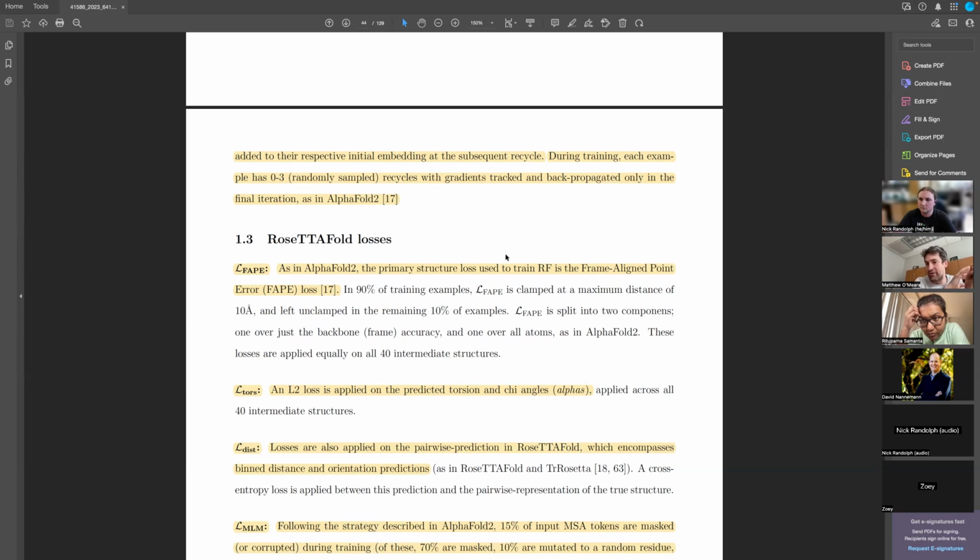So it does one forward pass with lots of time steps, and then it backpropagates into all of them at once. Yeah, so you have a batch of examples that you're running through the network. I don't know what batch size they actually trained with, but usually you train with a batch of multiple proteins. They're noised to a certain level, and then the gradients are accumulated across all the training examples in that batch and then updated. Yeah.